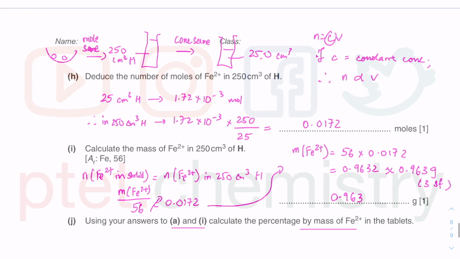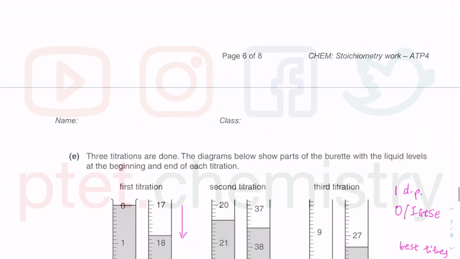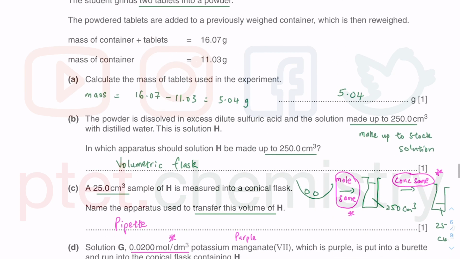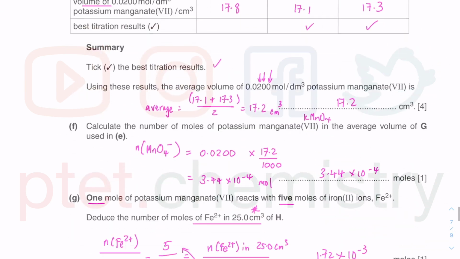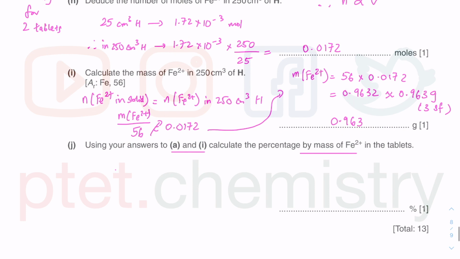You use 2 tablets, so the mass of the 2 tablets is 5.04 gram. It is saying that out of this 5.04 gram, only this much is actually iron(II). So what is the percentage of iron by mass?